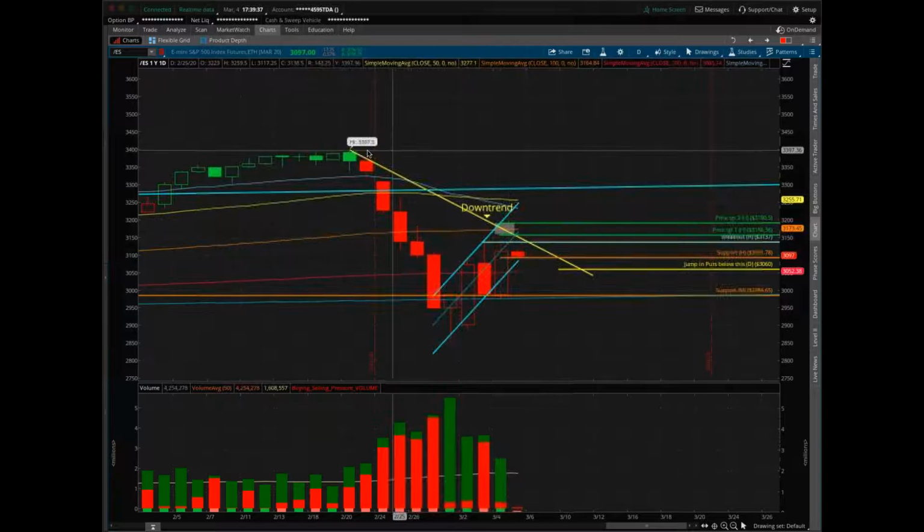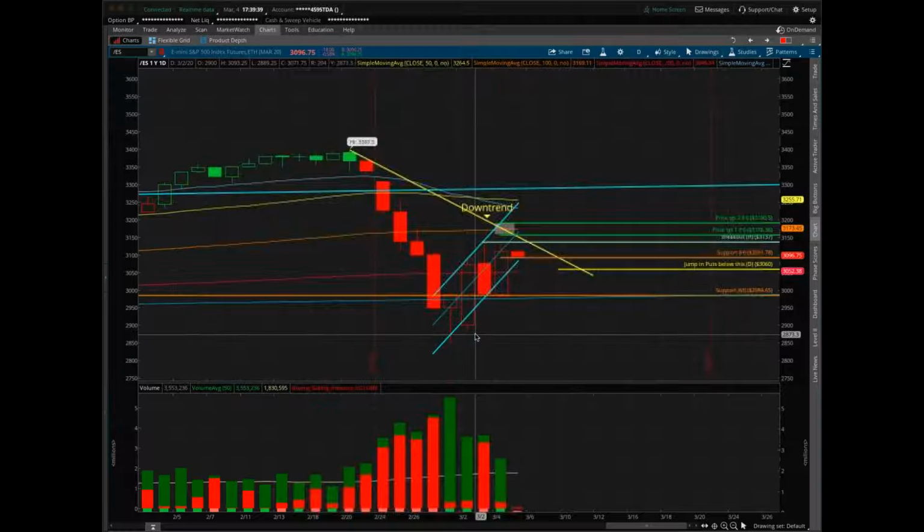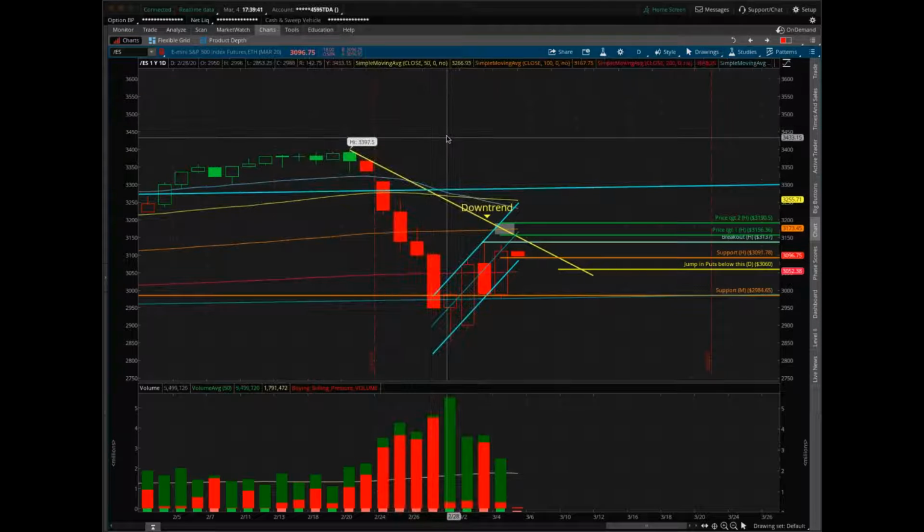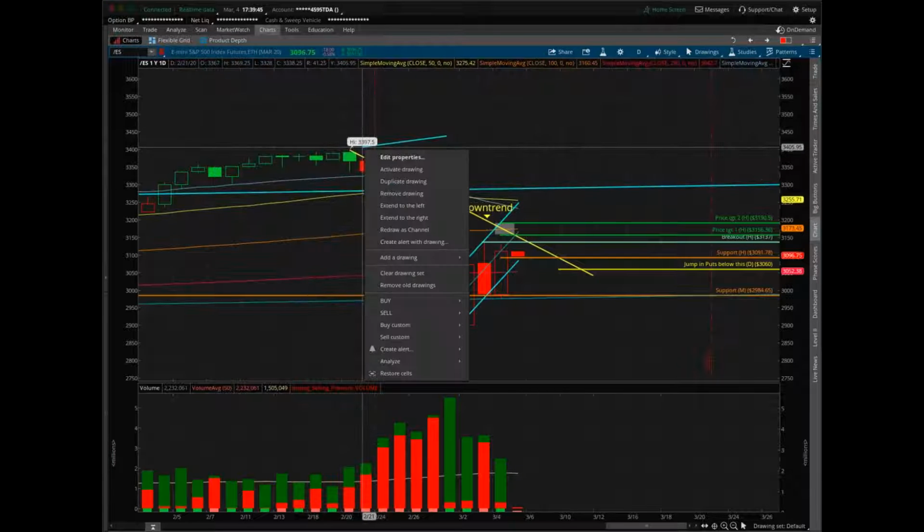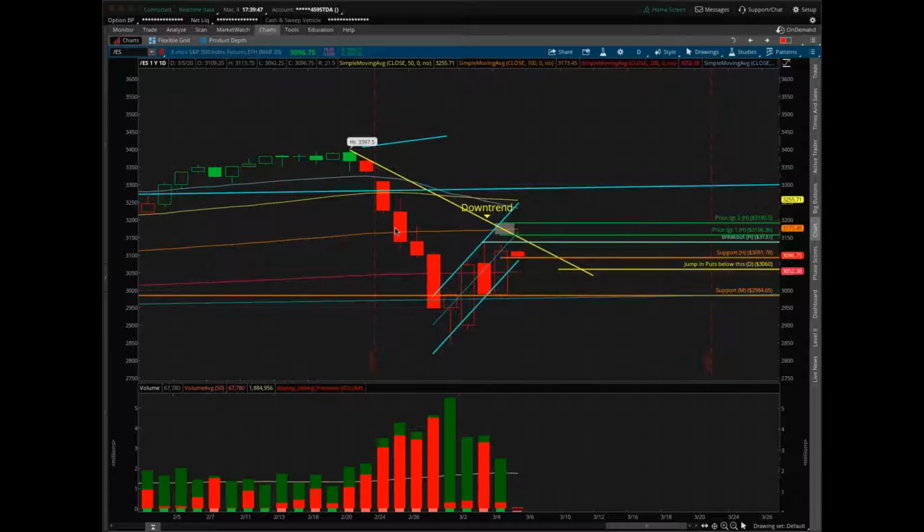Now, we cannot get out of this downtrend until we break this high. So we need to break this high in order to get out of this downtrend. Why is that?